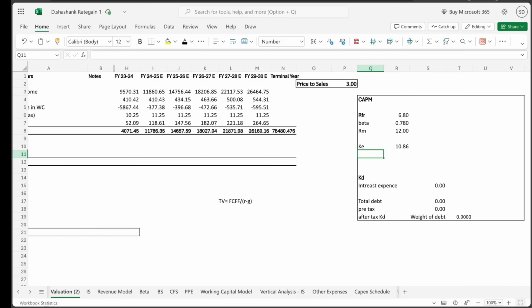But for the sake of example, let's do that also. The formula of WACC is weight of equity into cost of equity plus weight of debt into cost of debt into 1 minus t, if you haven't deducted the tax portion in cost of debt. Otherwise you don't need to.